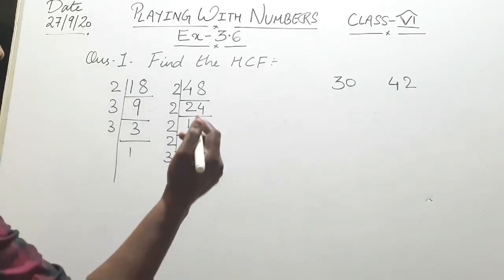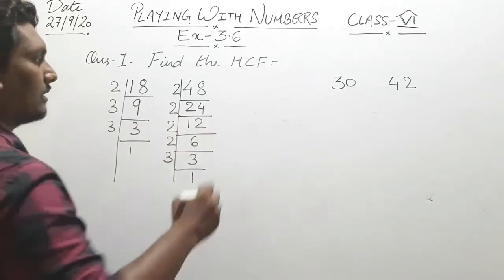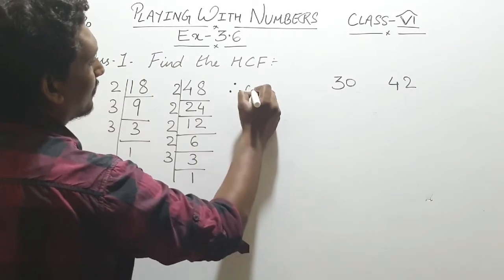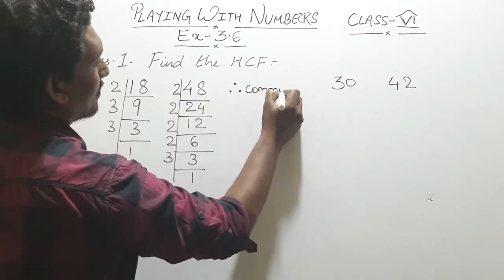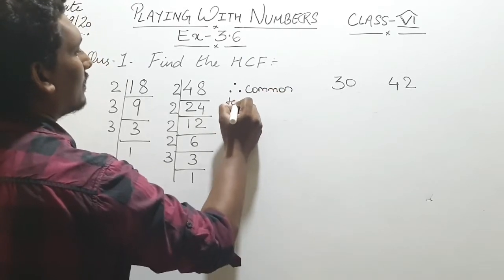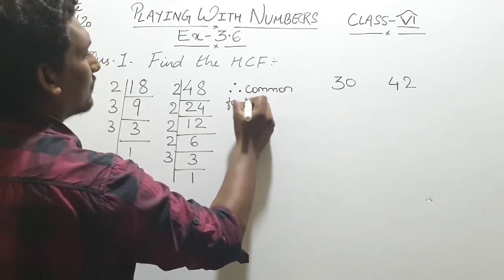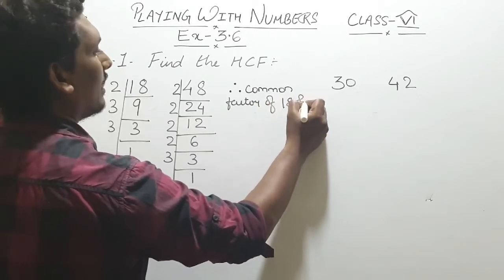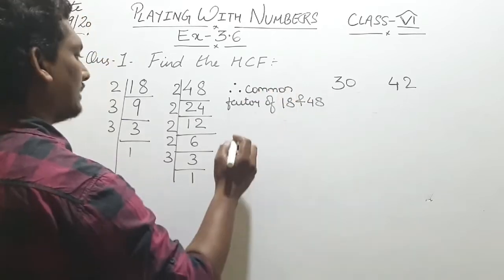Okay, so first we'll find out the common factor. Therefore, common factor of 18 and 48.